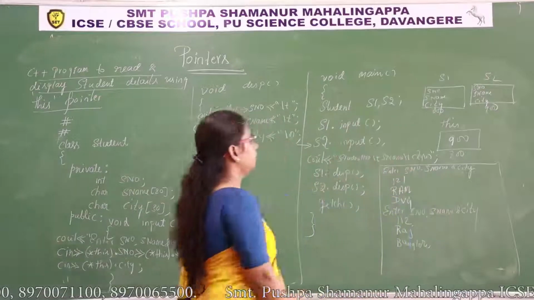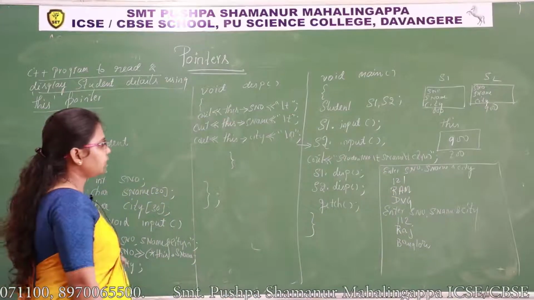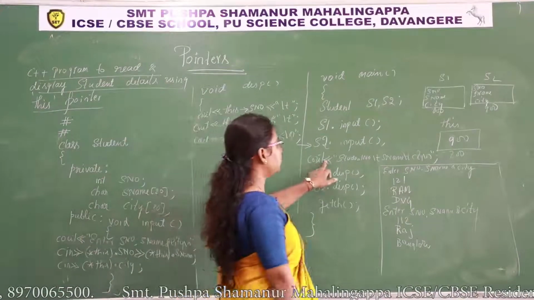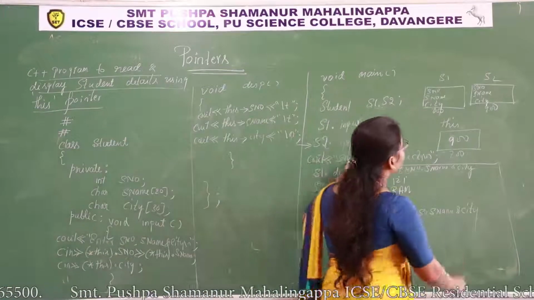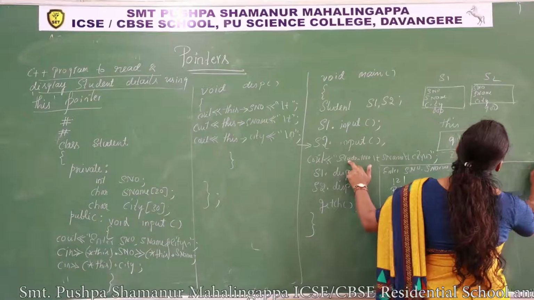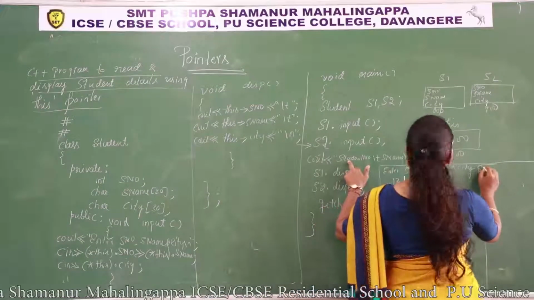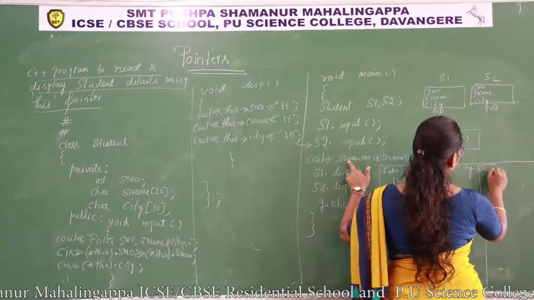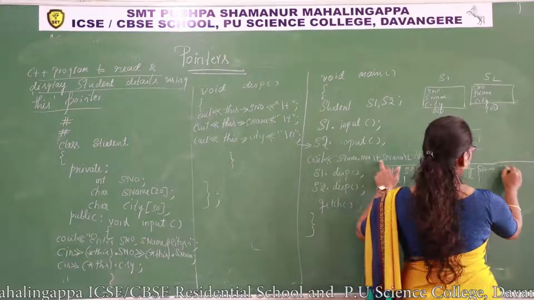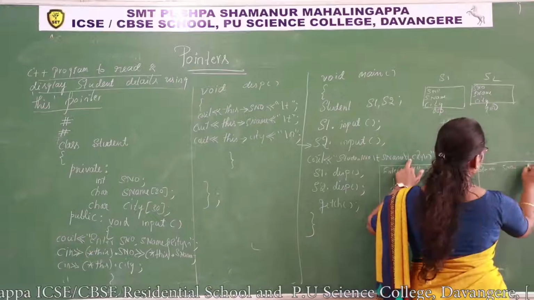Okay. Now after execution, this statement will be displayed. Student number, I'll write here. I'll continue here. Student number, tabular space is there, then S name, after that city.